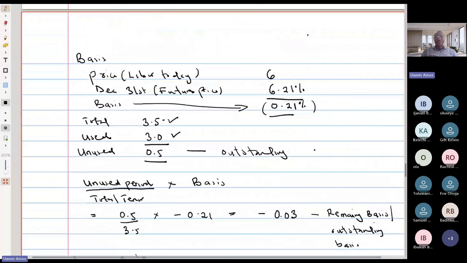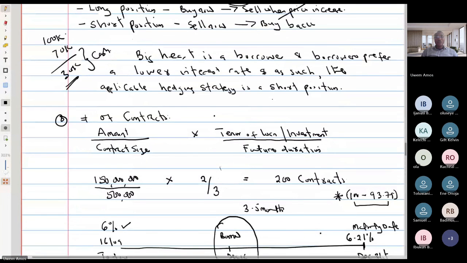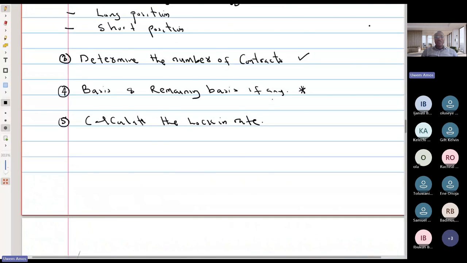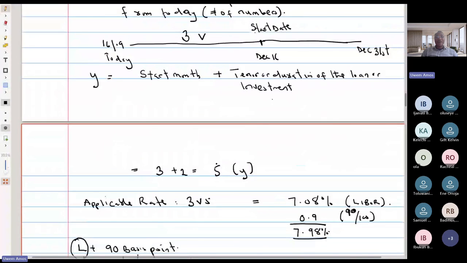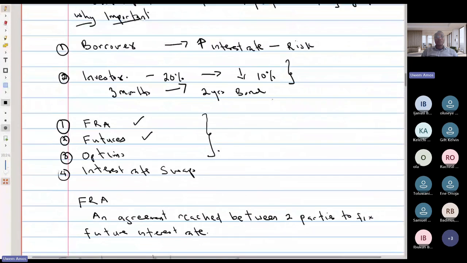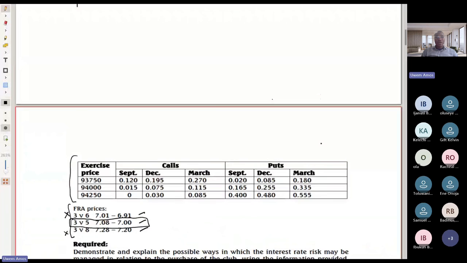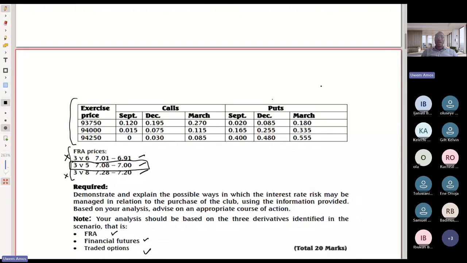So let's look at that quickly and see what is in the options market in our question. Okay, so right here you can see that we have September, we have December, and we have March. So there are 3 options. So we need to select or determine which of these 3 options is applicable for us.